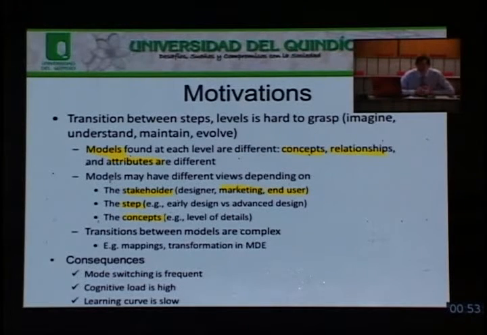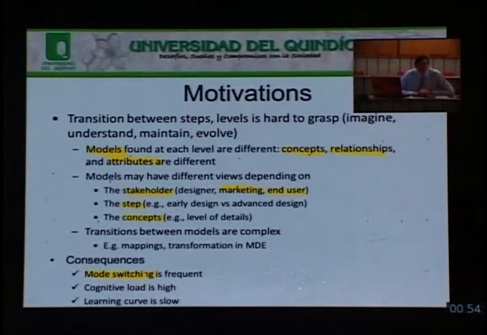However, since we are computer scientists, we usually manipulate specific views, while the end user manipulates other views. So we need to switch from one view to another. The consequence is that we need to have both switching.